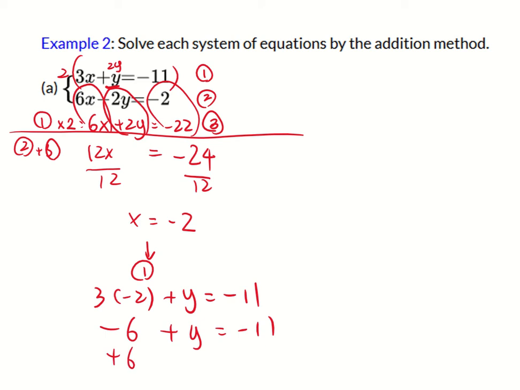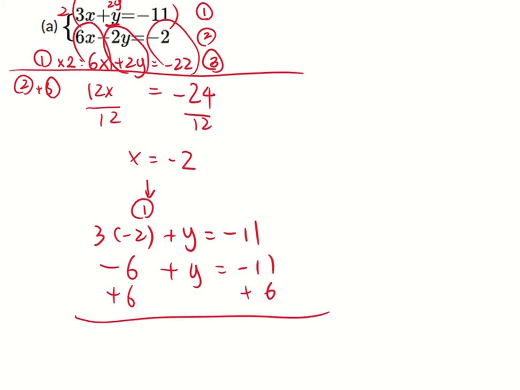Add 6 on both sides. You will have y equals negative 5. So the solution to the system is x equals negative 2, y equals negative 5. Or you can say the solution is negative 2, negative 5.